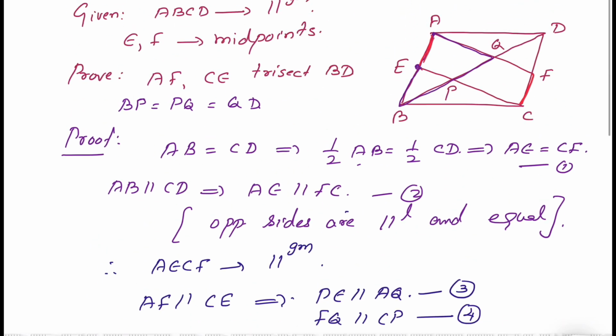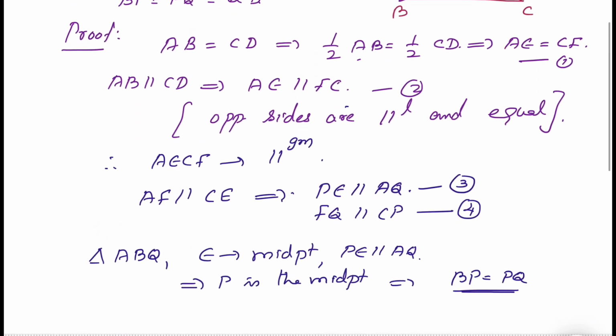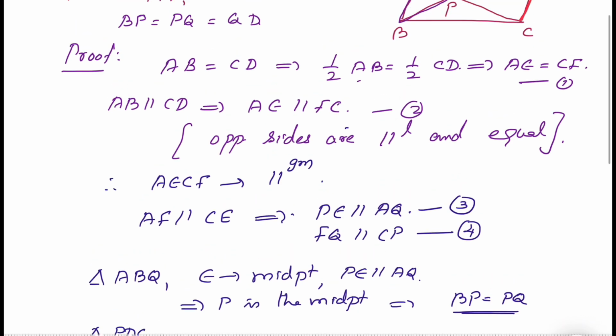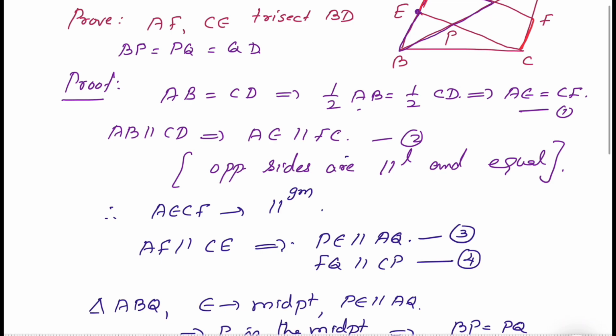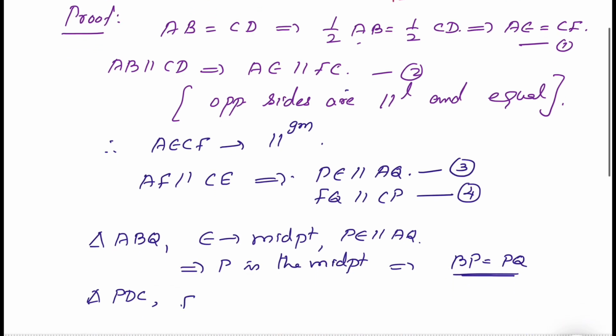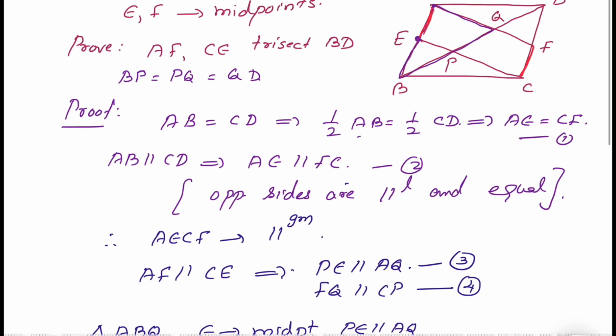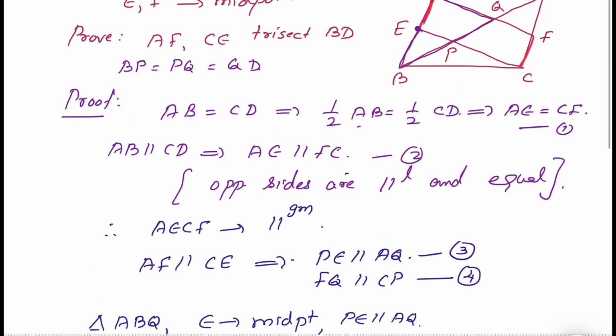Now in triangle PDC, F is the midpoint is given, and FQ is parallel to CP. Therefore, you can say Q is the midpoint of PD.